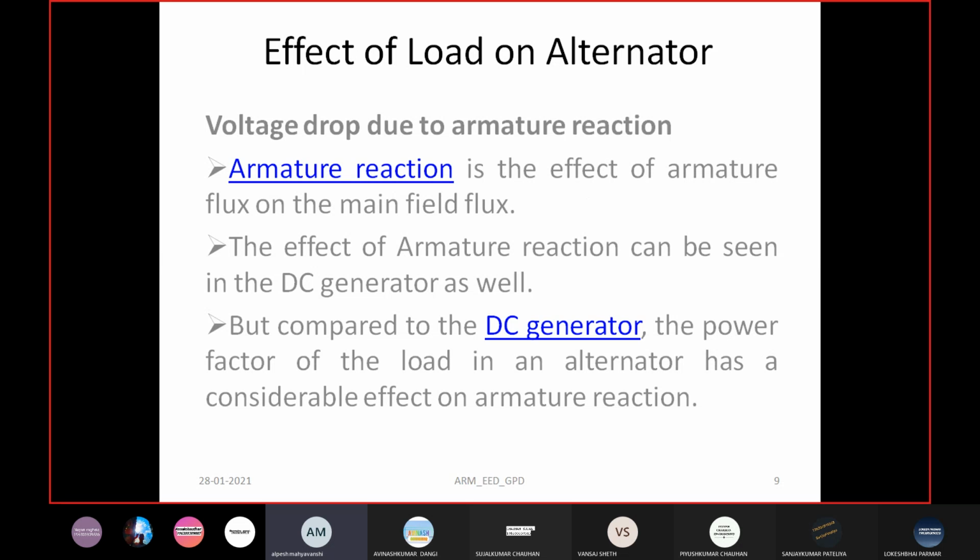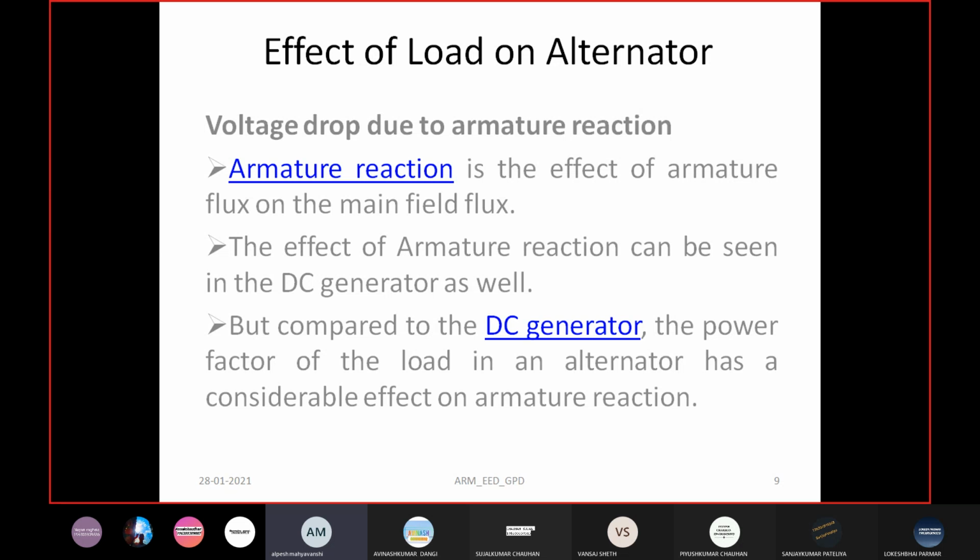Now next is the voltage drop due to the armature reaction. Armature reaction is the effect of armature flux on the main field flux. We already discussed it. This effect of armature reaction can be seen in the DC generator also. Armature reaction occurs in the AC generator, that is the alternator, as well as the DC generator.